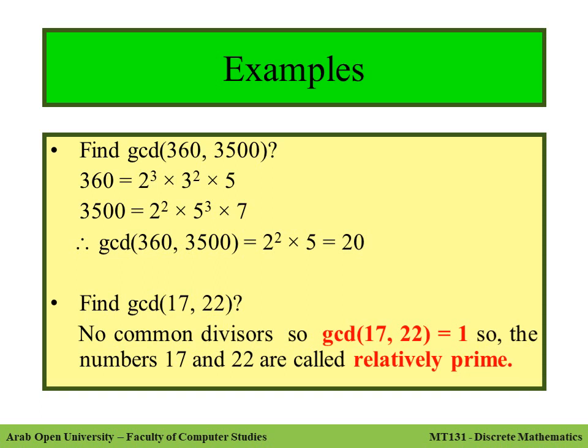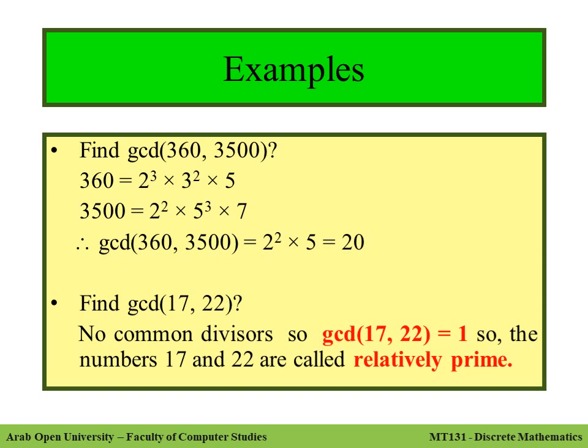The GCD, we want to take now the minimum power of common factors and multiply them by each other. For 2, the 2 is a common factor, so we take 2 to the power 2. Of course the 3 is not a common factor. The 5 is the next factor. The minimum power of 5 is equal to 5 to the 1.